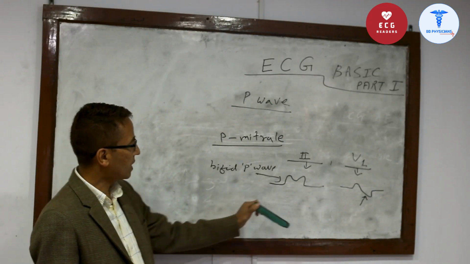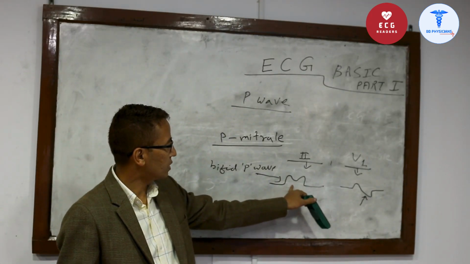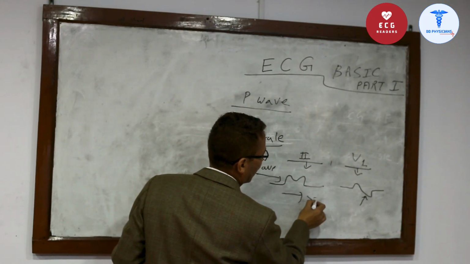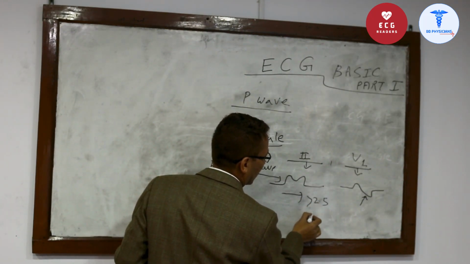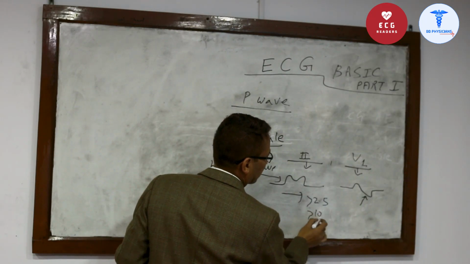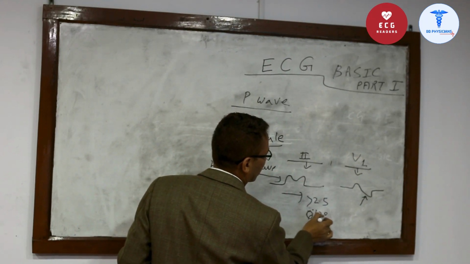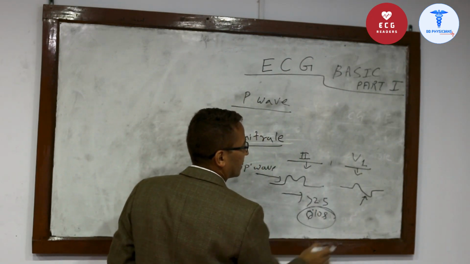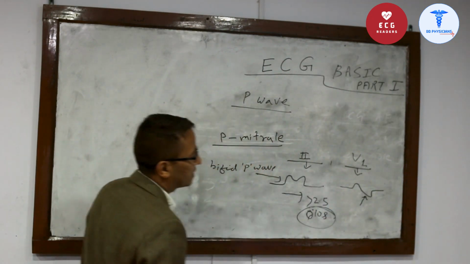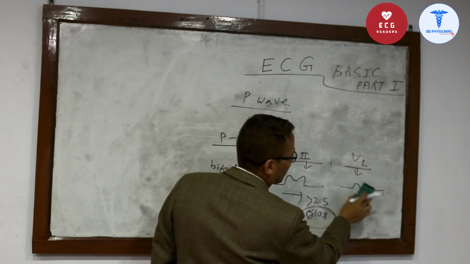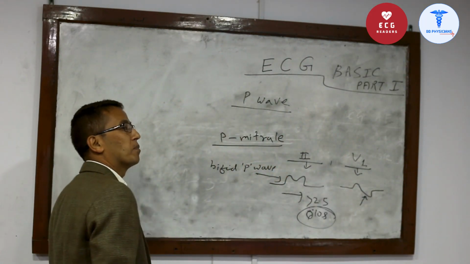In lead 2 it looks M-shaped and it is wide, more than 2.5 small squares, that is, more than 0.10 second. And in lead 1, the terminal negative component is larger than the positive component.